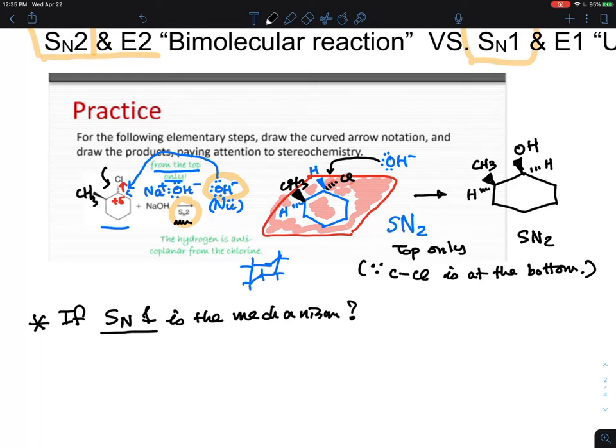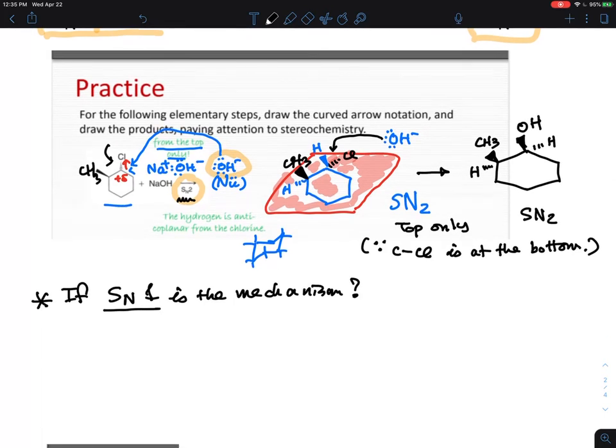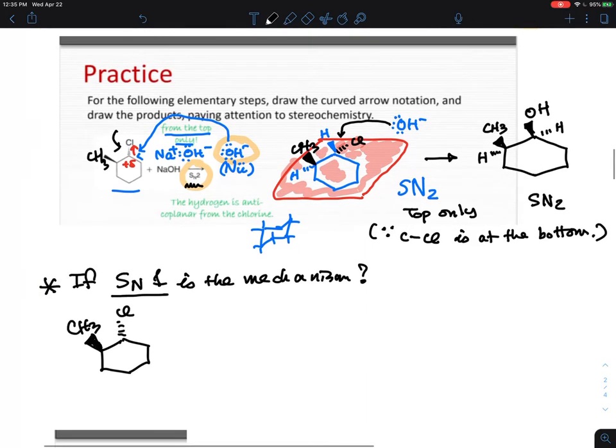So you have a compound that looks like this, with the chlorine at the bottom. I'm drawing the same problem as before, but SN1 means you are going to generate the carbocation, losing the chloride, the chlorine minus.